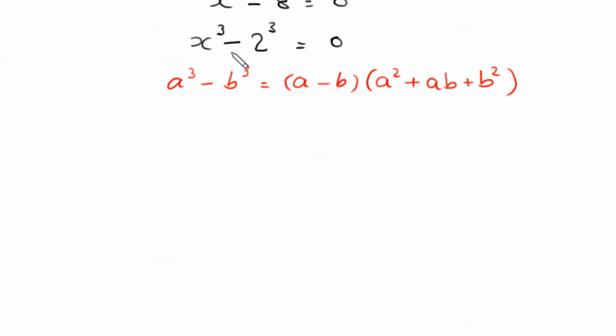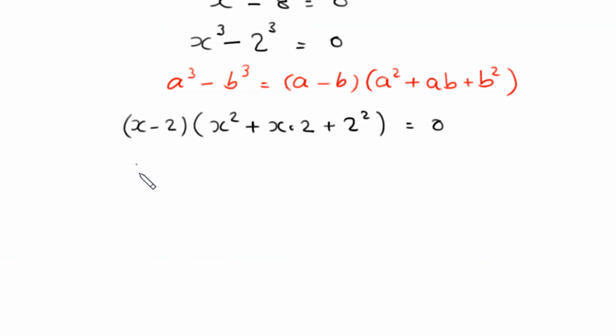This x cubed minus 2 cubed will become x minus 2 times x squared plus x times 2 plus 2 squared is equal to 0. Next, x minus 2 times x squared plus this x times 2 will become 2x plus this 2 squared will become 4 is equal to 0.